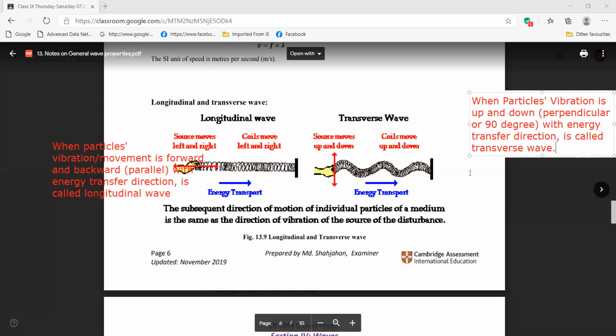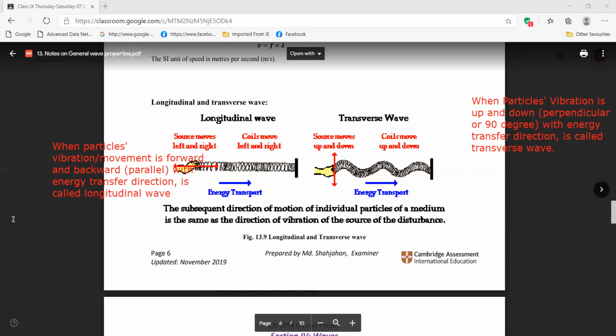When particles vibration is up and down, perpendicular, 90 degrees.